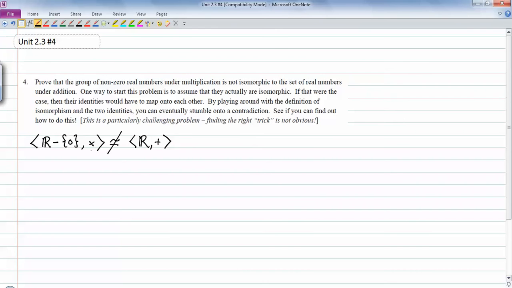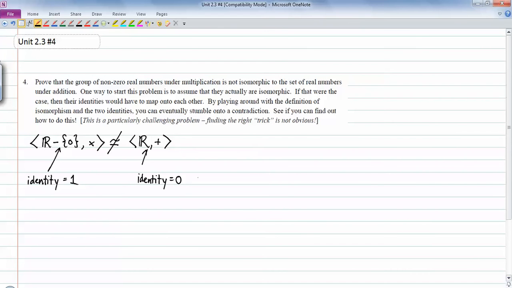Okay, so in this group, we're working with multiplication, so the identity element is 1. And in this group, we're working in addition, so the identity element is 0.